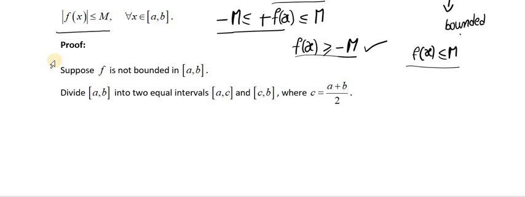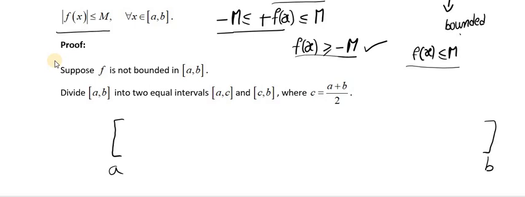So here we are taking f is not bounded. Observe, this is closed interval a comma b. Closed interval means end points are also included. Now I am going to divide this closed interval into two equal intervals.